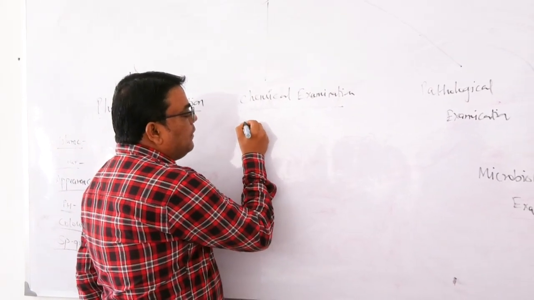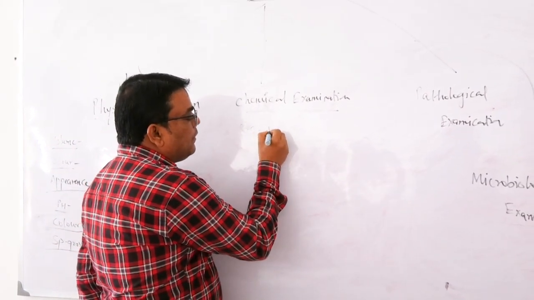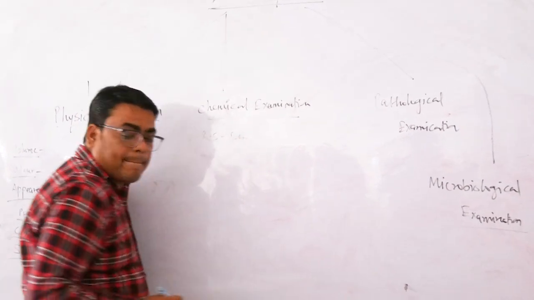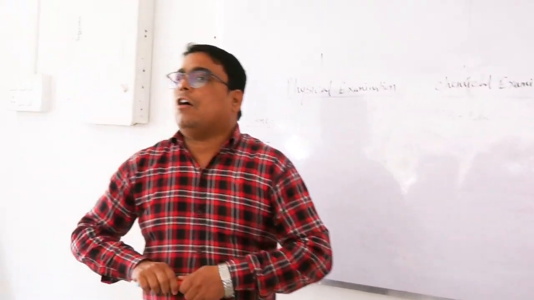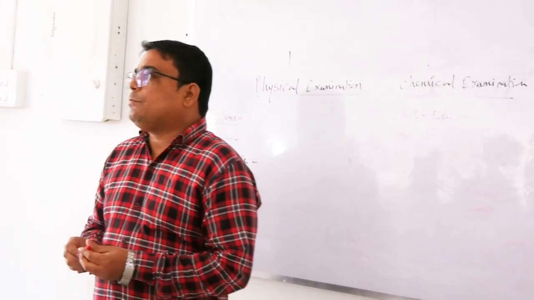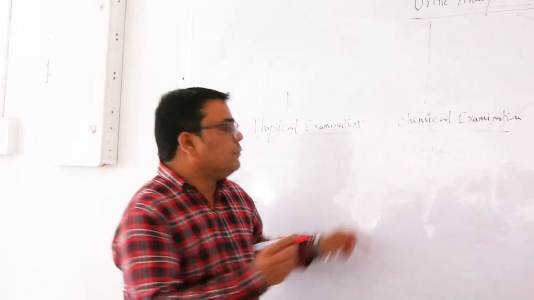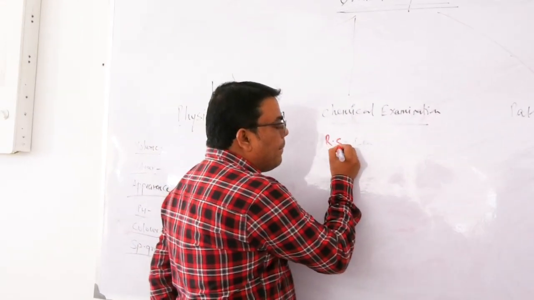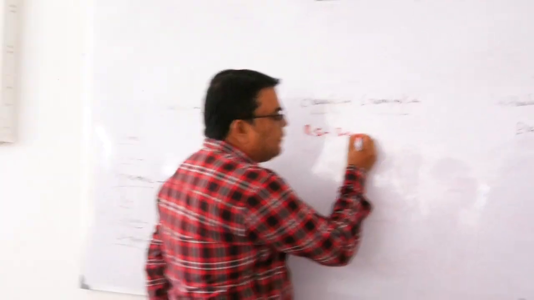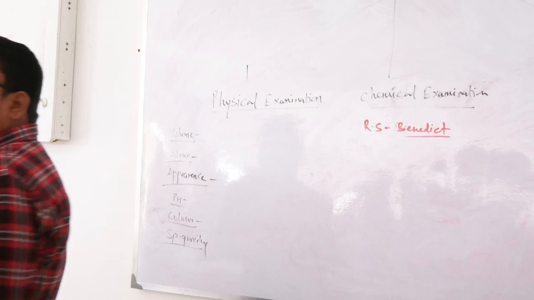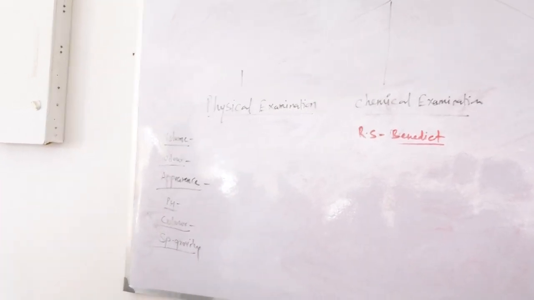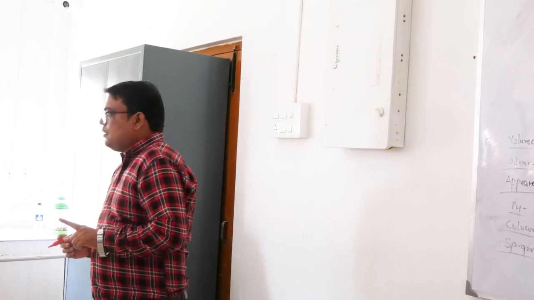For reducing sugar, don't say glucose, okay? You make mistakes here. Everyone, please be silent. For reducing sugar, we perform the Benedict test. It is not for glucose. Glucose is one of the sugars which is reducing.